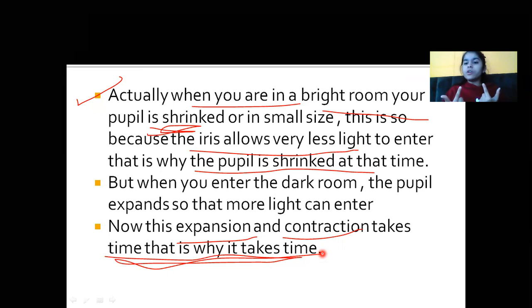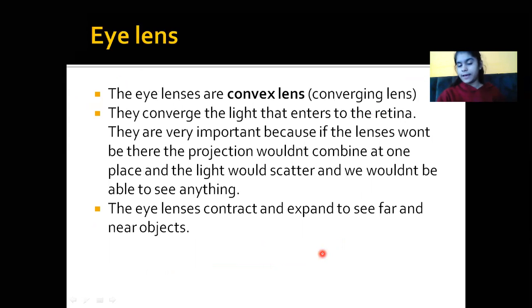So वो expansion and contraction का जो time हो रहा है, it takes time. That is why it takes you time to see everything. Understood, everyone? Okay, very beautiful topic of your iris and pupil.